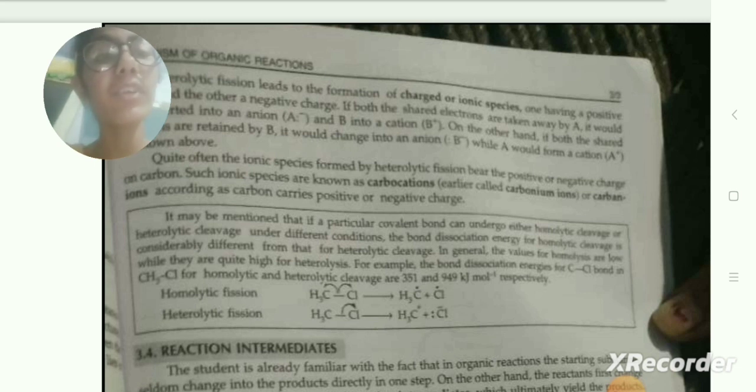For example, the bond dissociation energies of the C-Cl bond in CH3Cl by homolytic and heterolytic ways are 351 and 949 kilojoules per mole respectively. Homolytic fission: H3C-Cl after reaction gives H3C free radical plus Cl free radical.